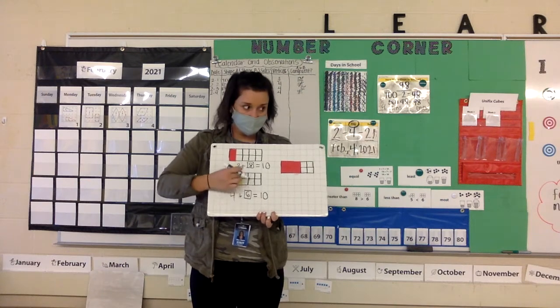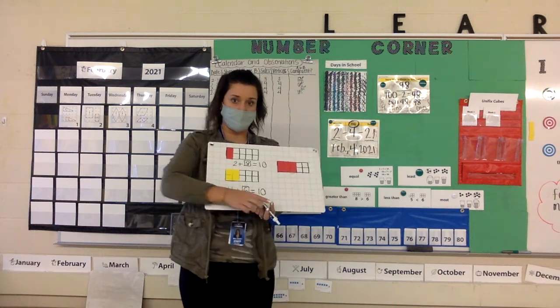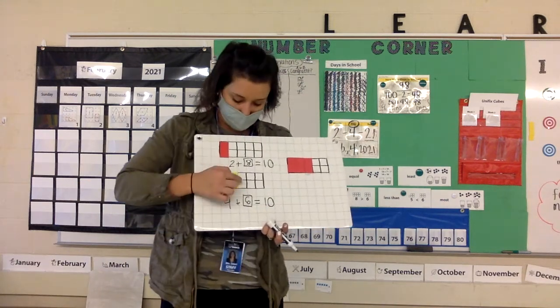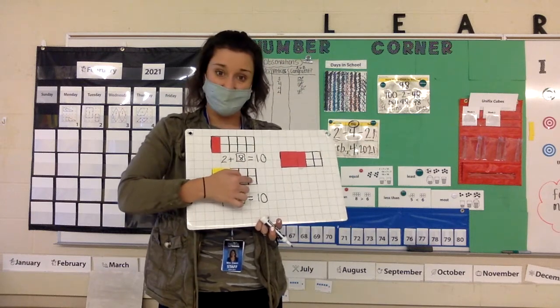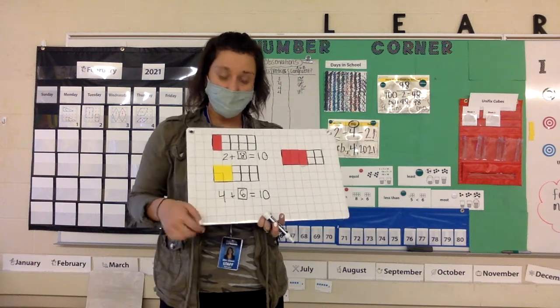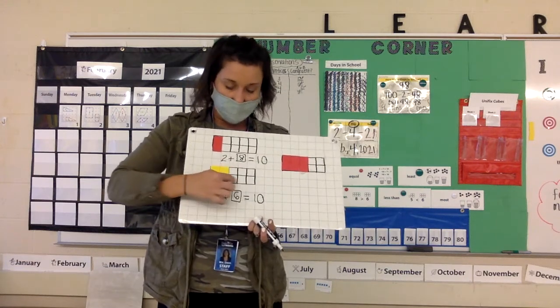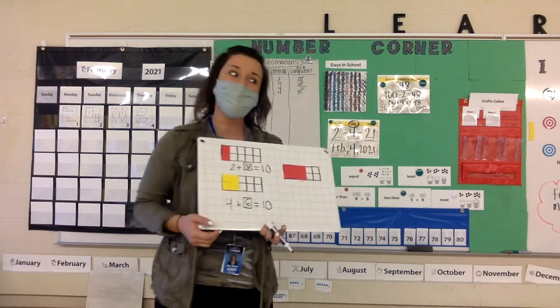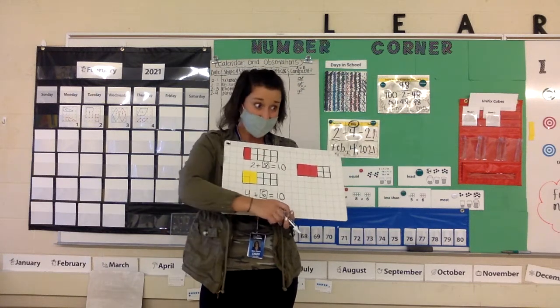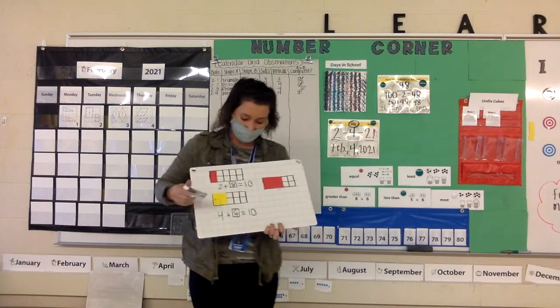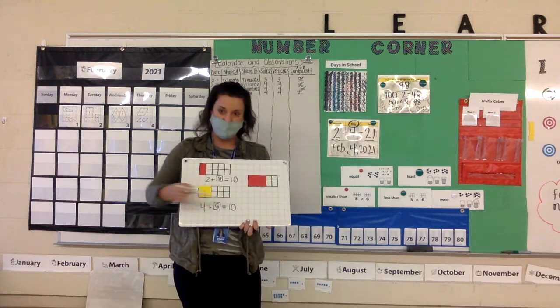Do you see how he can count by 2s? Look at that. His empty squares help him count by 2s. 2, 4, 6. Or also, friends, I can easily see that 3 on top and 3 on bottom. 3 and 3 is a double. What is 3 and 3, Madison? 6. Good. So 4 plus 6 equals 10.